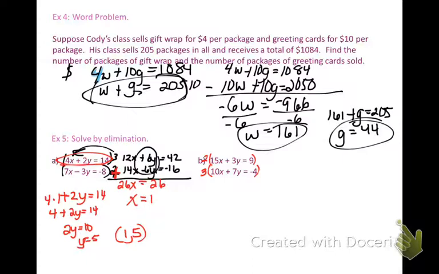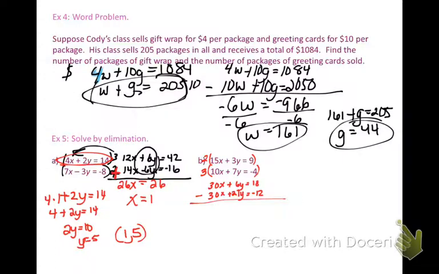So it's going to be 30x plus 6y equals 18, and 30x plus 21y equals negative 12. This time they're the same sign, so I'm going to subtract them.